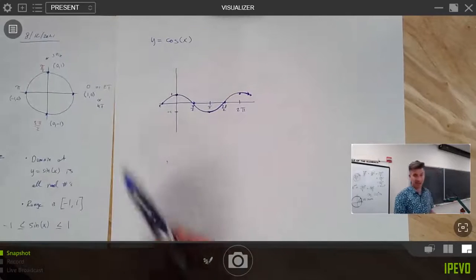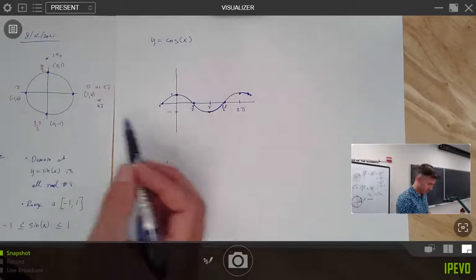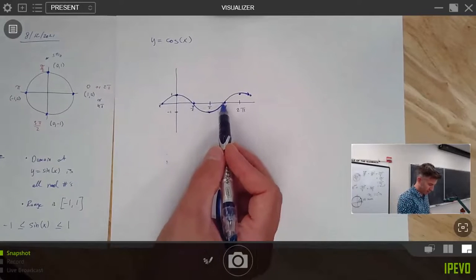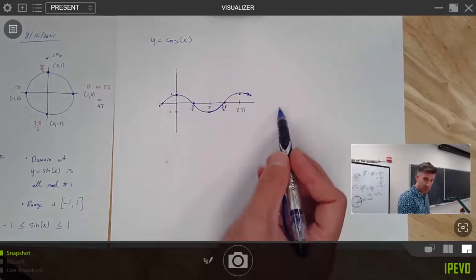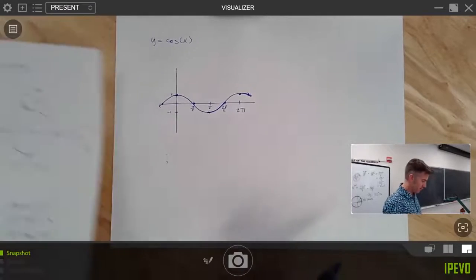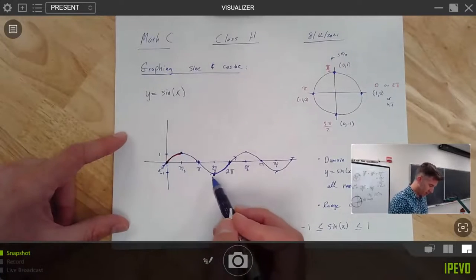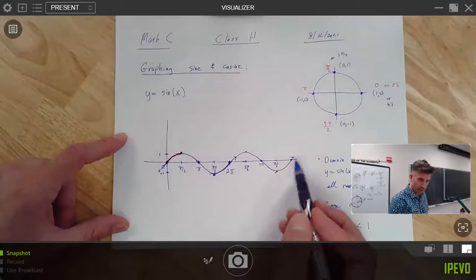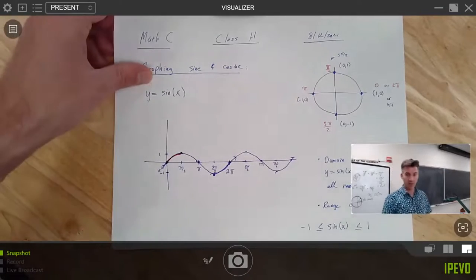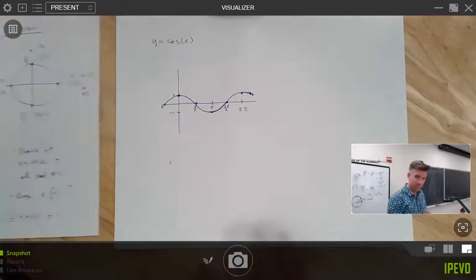So I always think about sine or cosine as doing this: top, middle, bottom, middle, top, middle, bottom, middle, top. It just goes on. Same is true for sine. It starts in the middle, then top, middle, bottom, middle, top, middle, bottom, right? But it's always a top, then a middle, then a bottom, then a middle, then a top, then a middle.